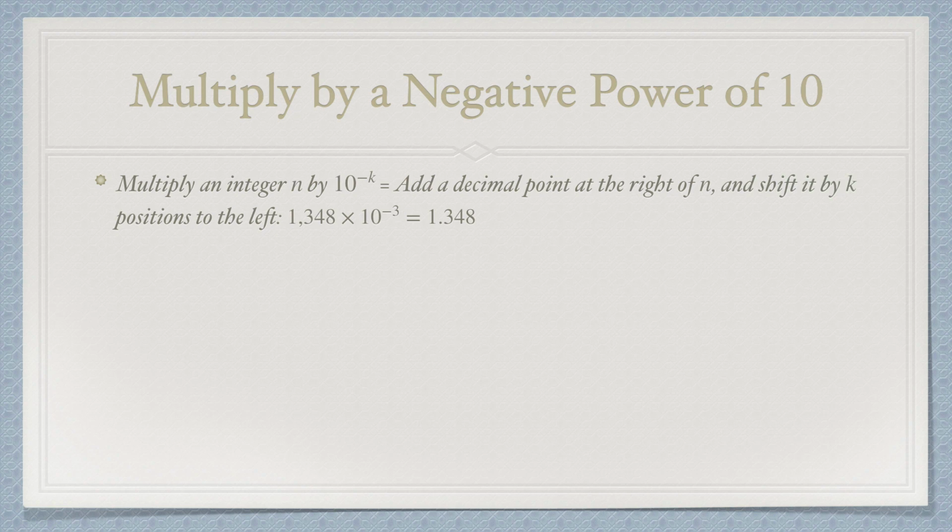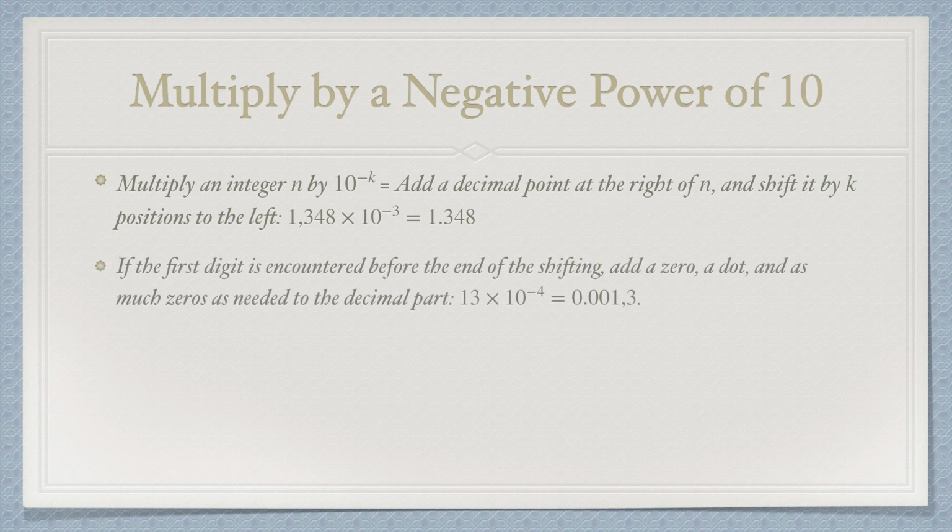For instance, 1348 times 10 to the power minus 3 is 1.348. If the first digit is encountered before the end of the shifting, then you may add a 0 before the dot and as much zeros as needed to the decimal part.